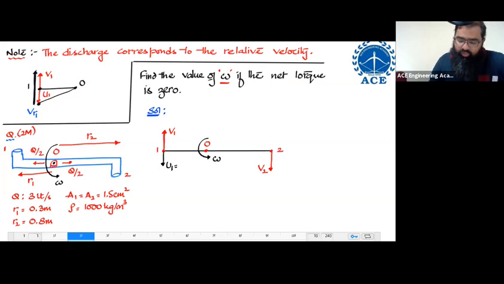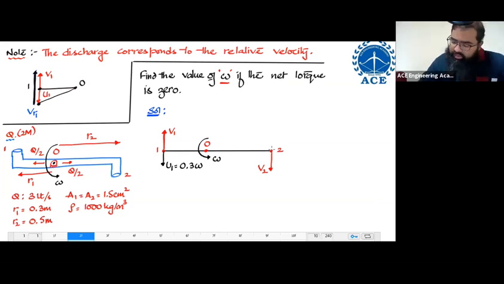The value of u1 has to be equal to R1 into omega. R1 over here is 0.3, so 0.3 into omega.